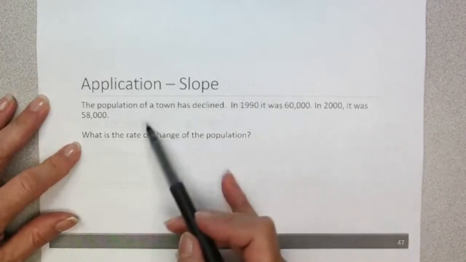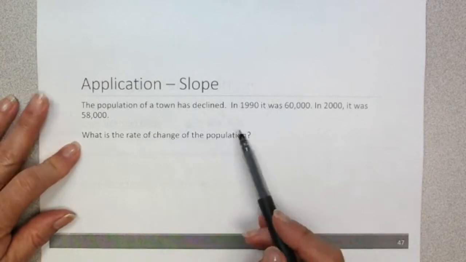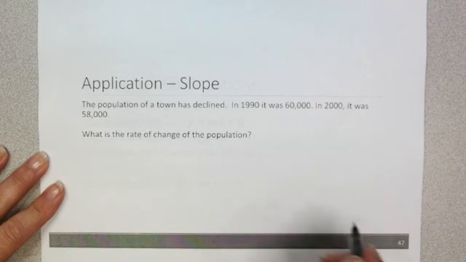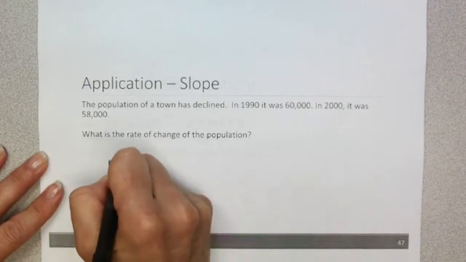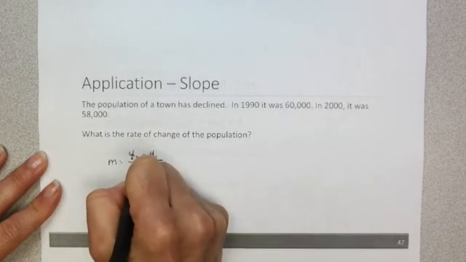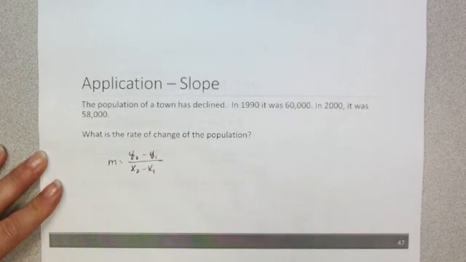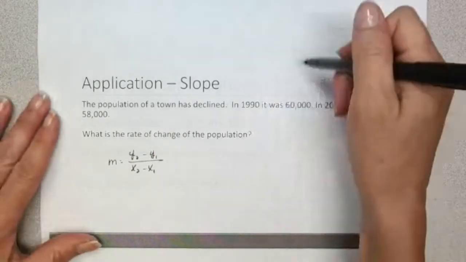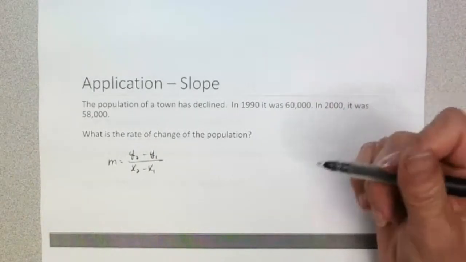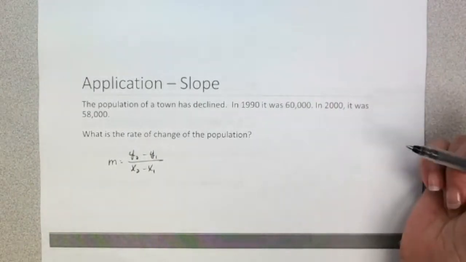So let's see. Can we find the rate of change in this population? Well, we know that we can use the slope formula. Slope is rate of change, right? We can use this slope formula, y2 minus y1 over x2 minus x1, if we know 2 coordinates on the graph, or if we know two sets of inputs and outputs.